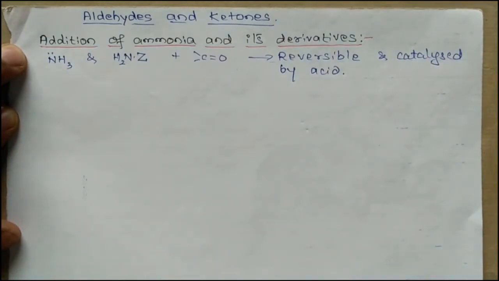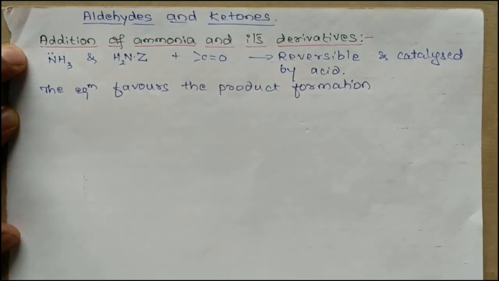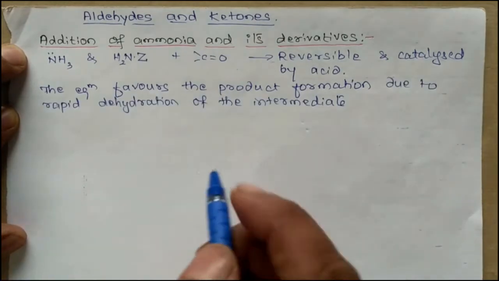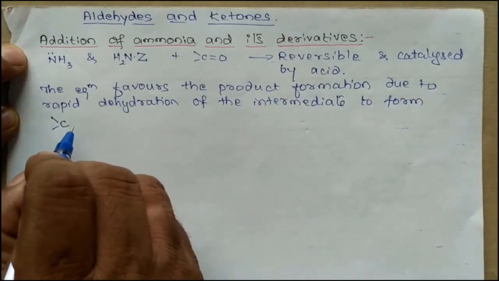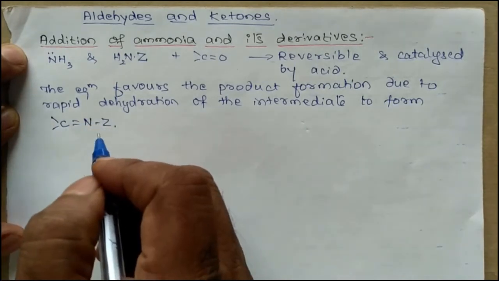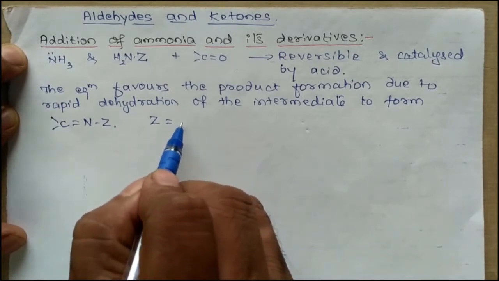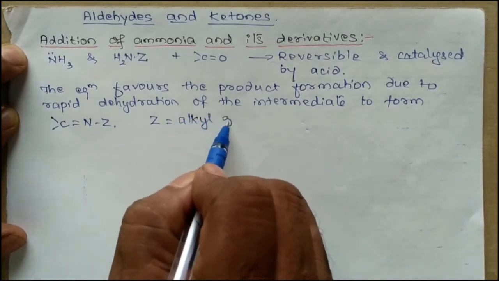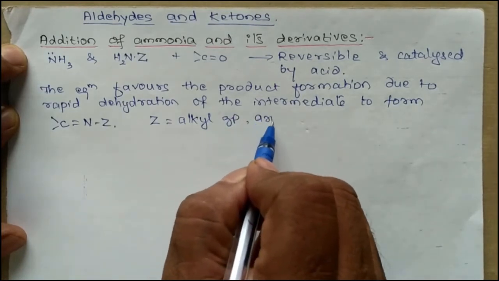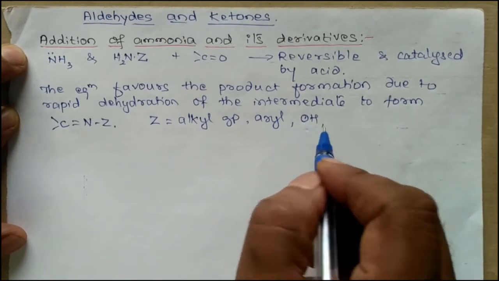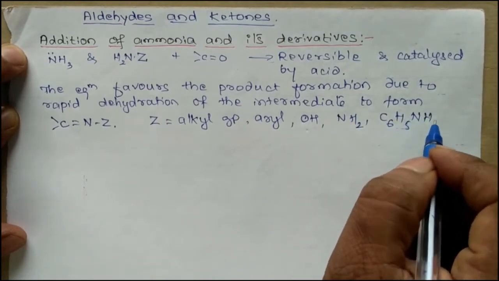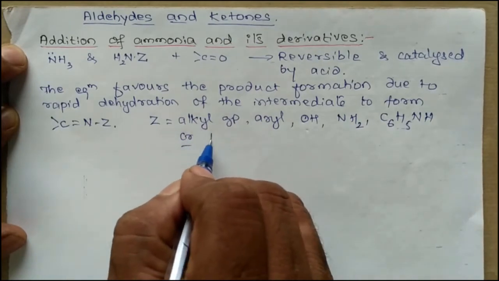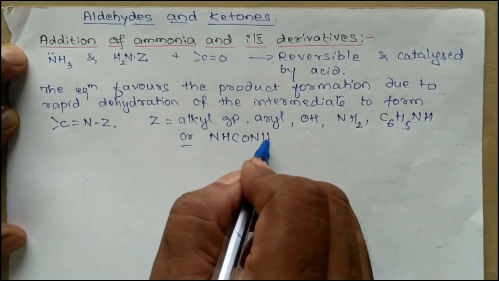The equilibrium favors product formation due to rapid dehydration of the intermediate to form a compound like this, C double bond NZ, where Z is either an alkyl group or an aryl group, or maybe OH or NH2 or C6H5NH or NHCONH2.